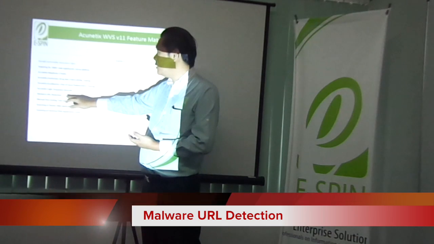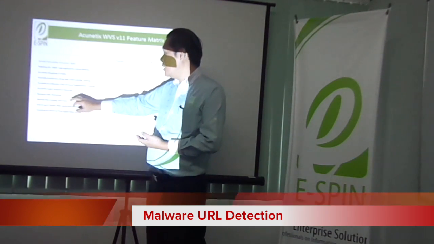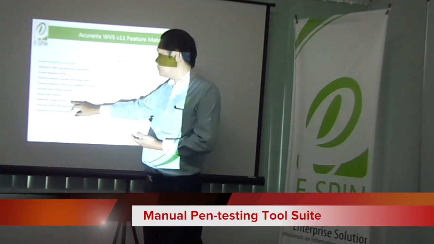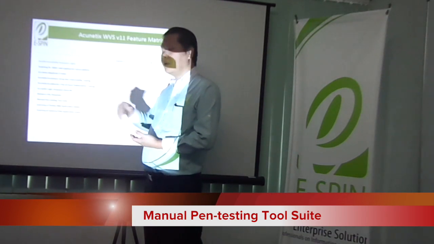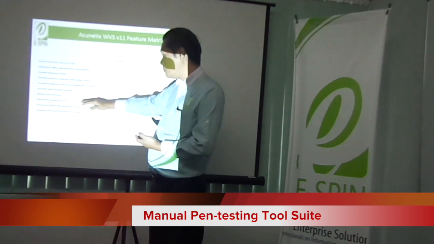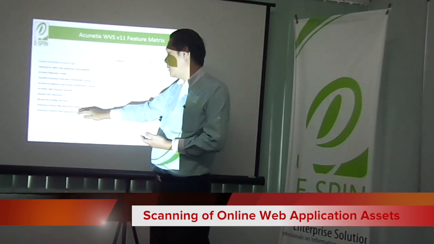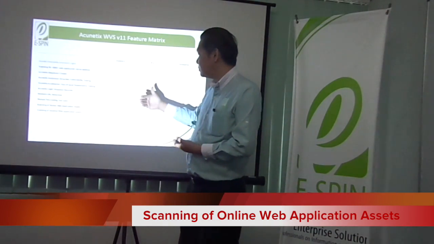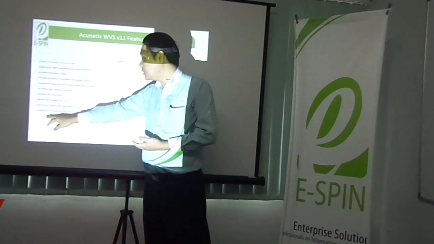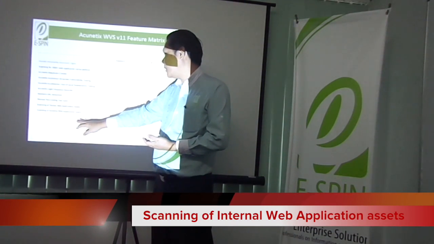And then the malware URL detection, the manual penetration testing tools, which are commonly used by advanced pen testers, are all inside here. And then scanning of online web application access is here, right? Continue. So scanning of internal web application access.